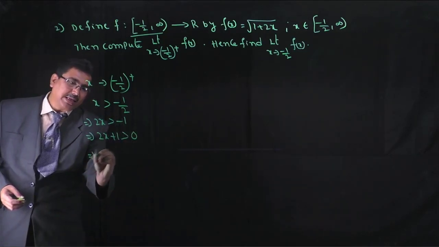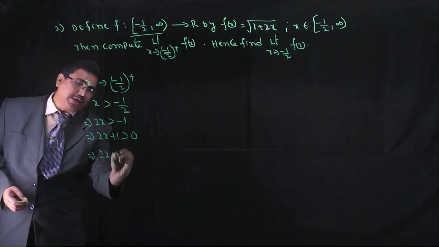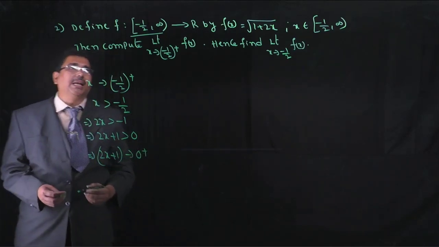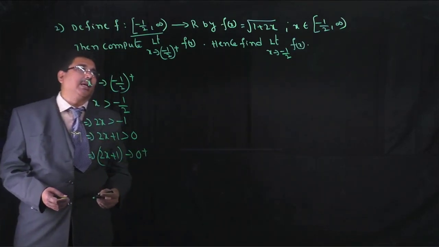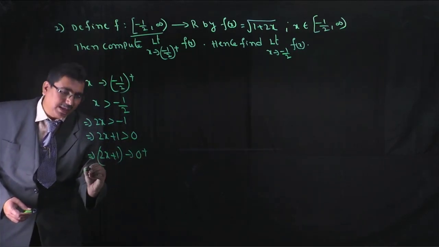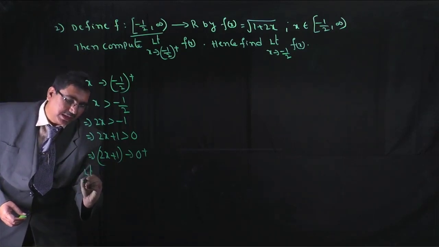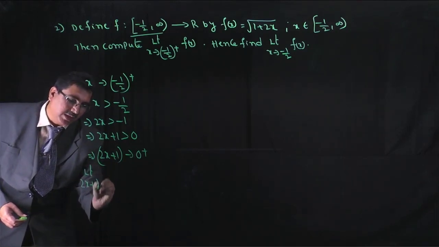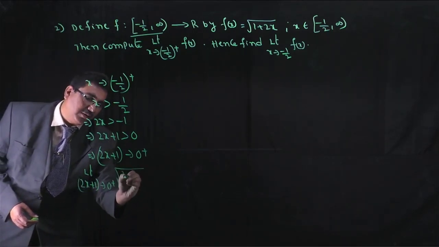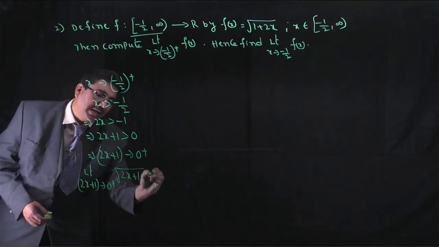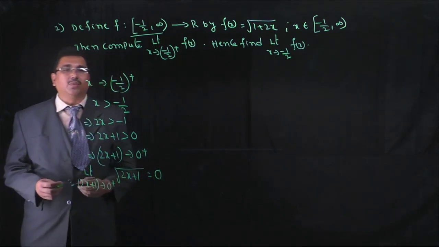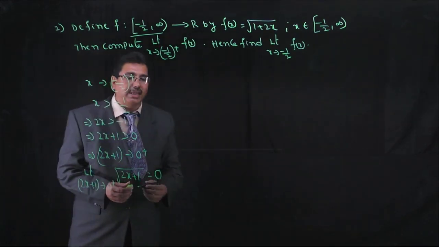It means that 2x plus 1 tending to 0 plus. Now the given limit can be changed to limit 2x plus 1 tending to 0 plus of square root of 2x plus 1. By applying the limit value, the right hand limit at x equal to minus 1 by 2 is equal to 0.